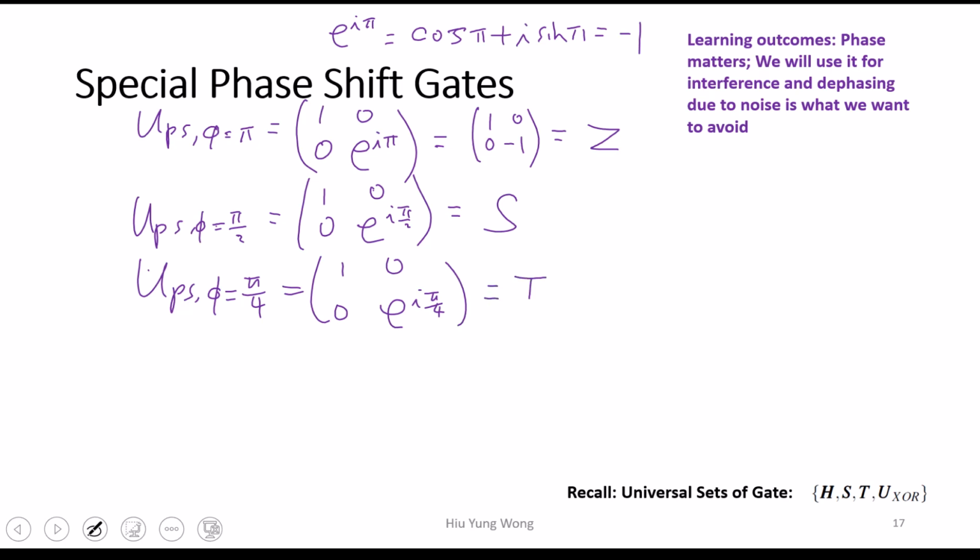This is called the T gate. Now there's some confusion. It's also called the pi over 8 gate. Although it's pi over 4, it's called the pi over 8 gate.